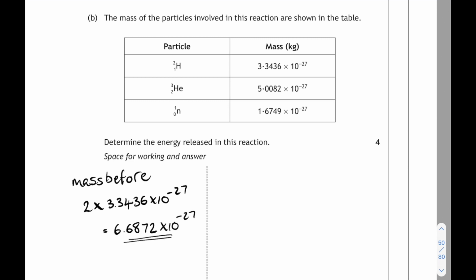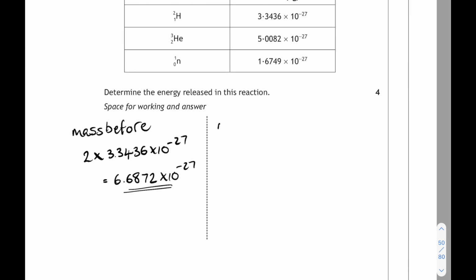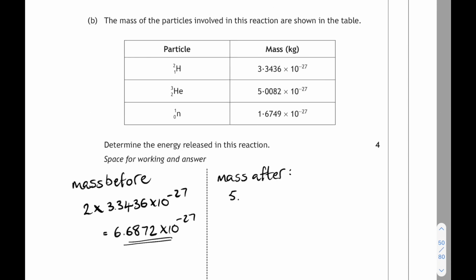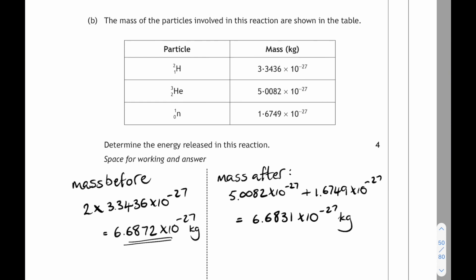Don't round anything here. And then the total mass after the reaction will be the helium nucleus plus the neutron. So that's the 5.0082 times 10 to the minus 27 plus 1.6749. Always double check your arithmetic here, dead easy to mess this up.